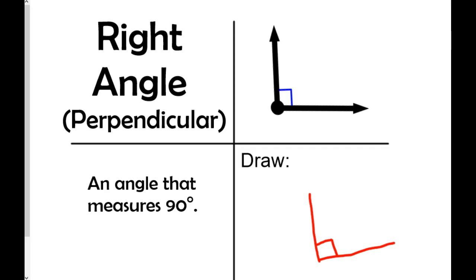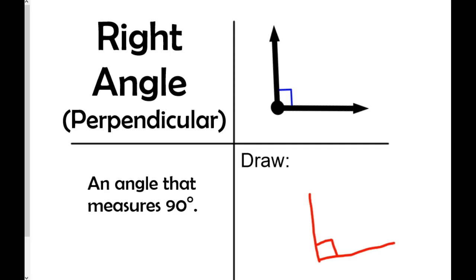A right angle is exactly right at 90 degrees. So right angle, right at 90 degrees.